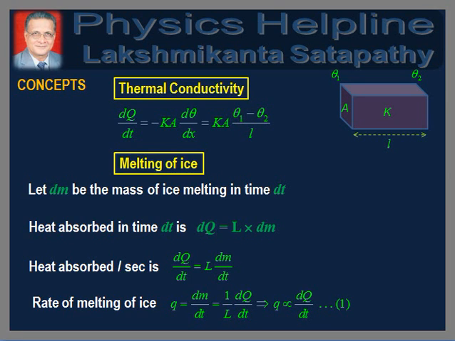If dm grams of ice melts in time dt, then heat absorbed per second dQ by dt is equal to L into dm by dt. Therefore, rate of melting of ice Q is equal to dm by dt, which is equal to 1 by L into dQ by dt. Since L is a constant, we have Q varies as dQ by dt.